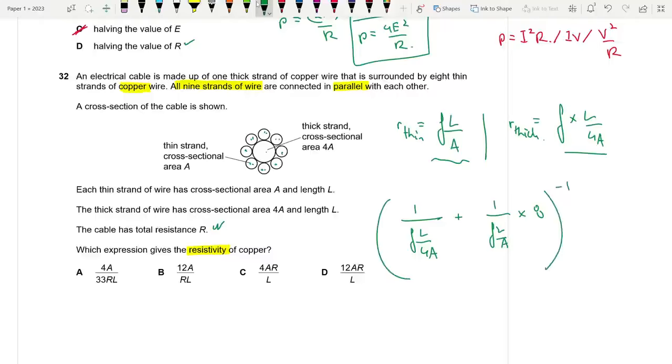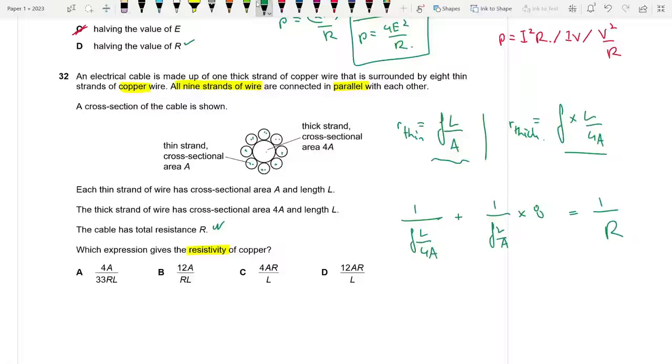If we do this to the power minus 1, we know that in parallel the formula is (1 by R plus 1 by R) to the power minus 1, which is equal to your final resistance. Or you could just equate it with 1 by R itself. That's also fine. 1 by R plus 1 by R is equal to 1 by the final resistance. It's up to you.